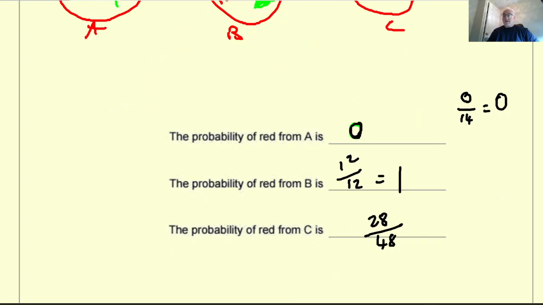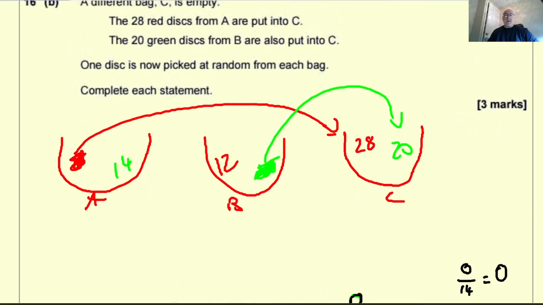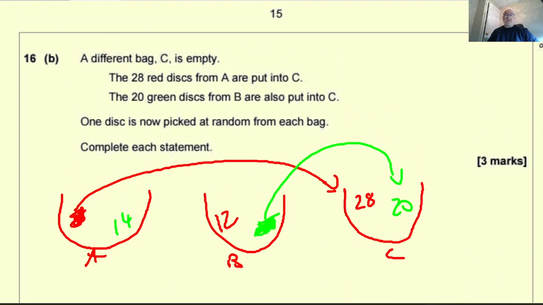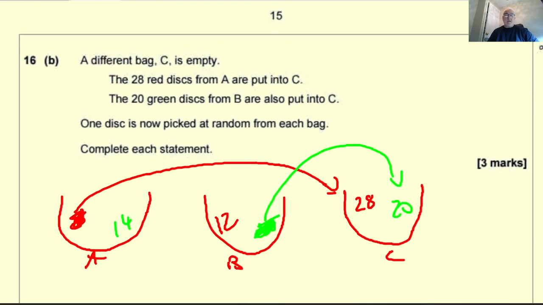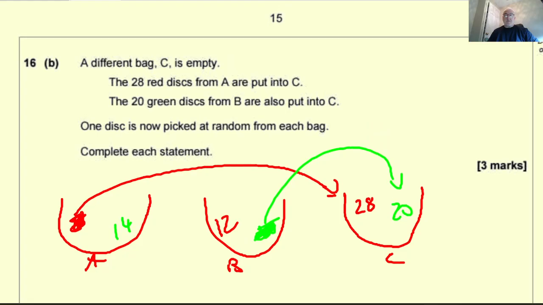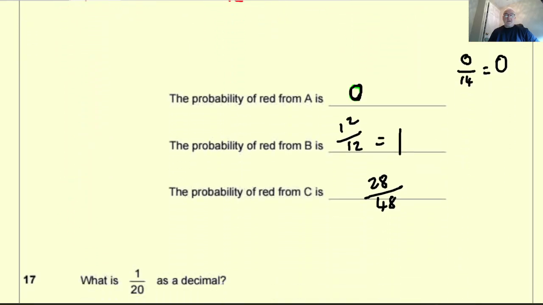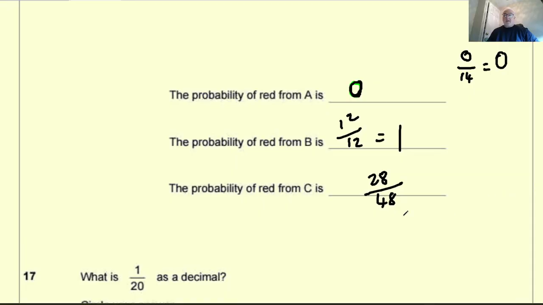Now I'm going to look back up at the question. Okay, it doesn't tell me to simplify it. It just tells me to write the probability. So that would give me 4 marks. If it asks me to simplify it, I'm just going to divide these down by 2 initially. Then I can divide them by 2 again.